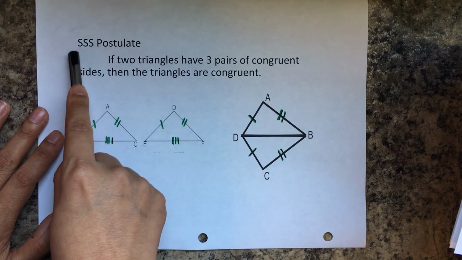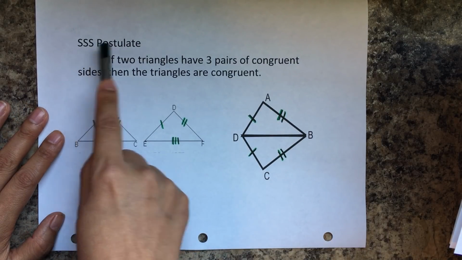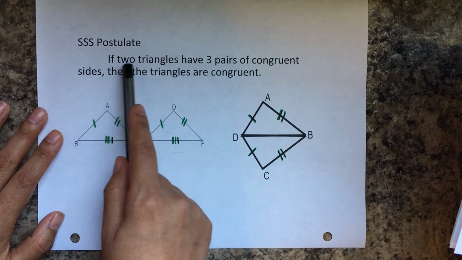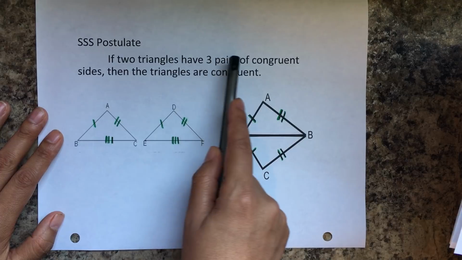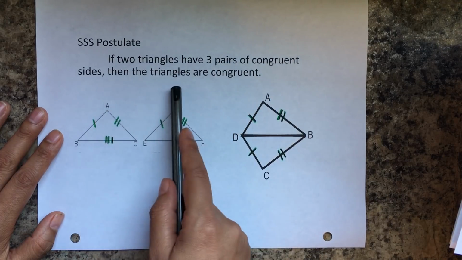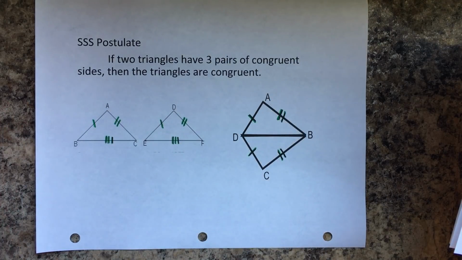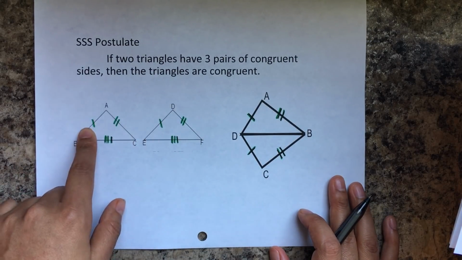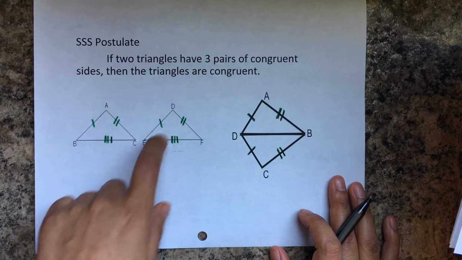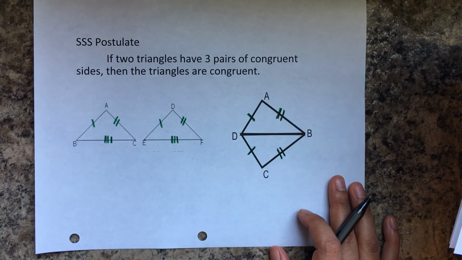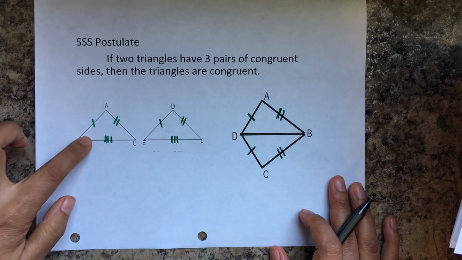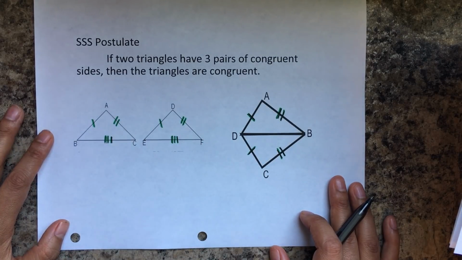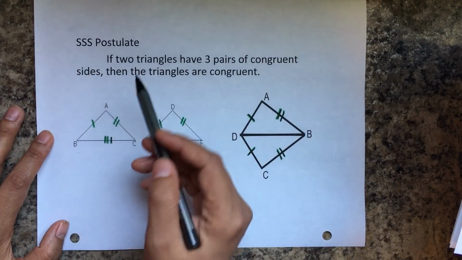Well, when you have the SSS postulate, meaning side-side-side postulate, which says that if two triangles have three pairs of congruent sides, then the triangles are congruent. Basically, what it means is that as long as you know that all the sides are congruent, automatically the angles are going to be congruent as well. They're going to be exactly the same measurement, even if you don't have the markings for those. So it's kind of like a shortcut.